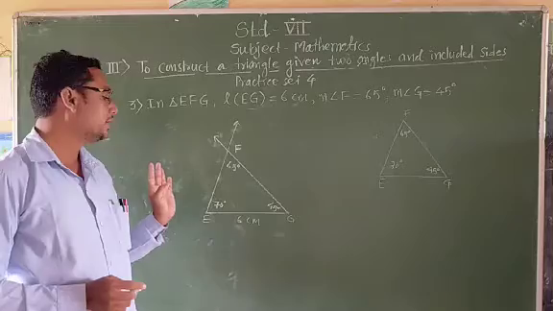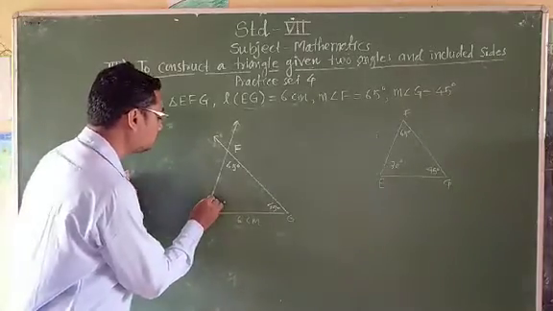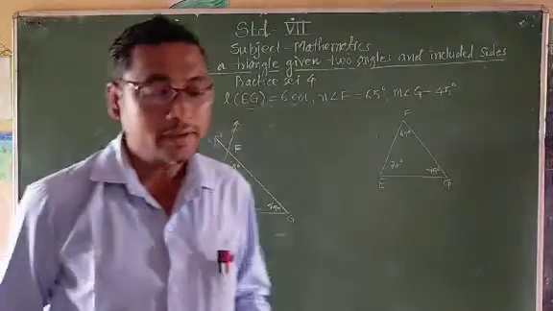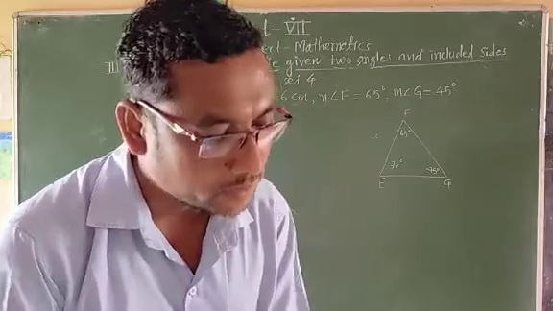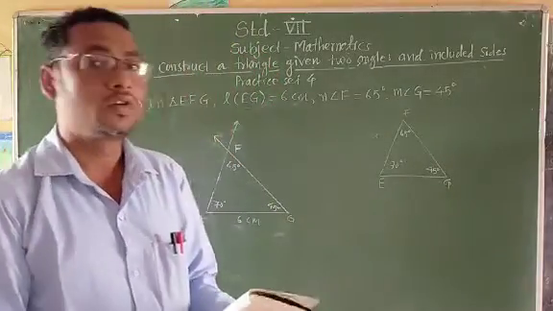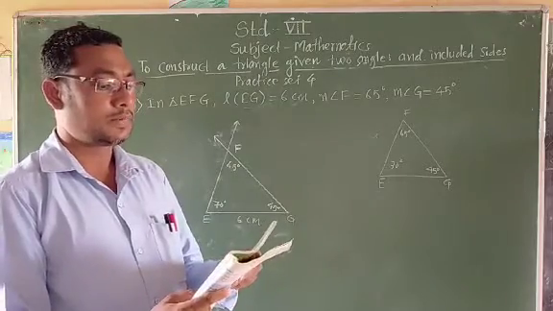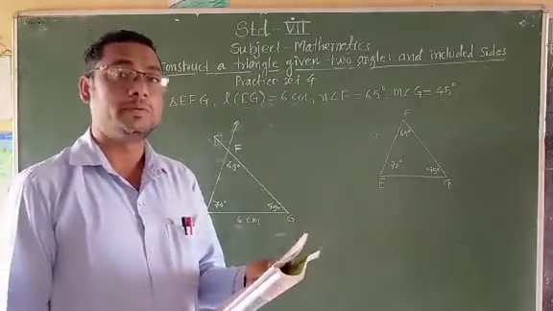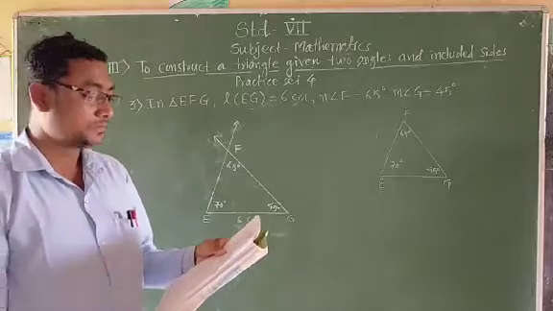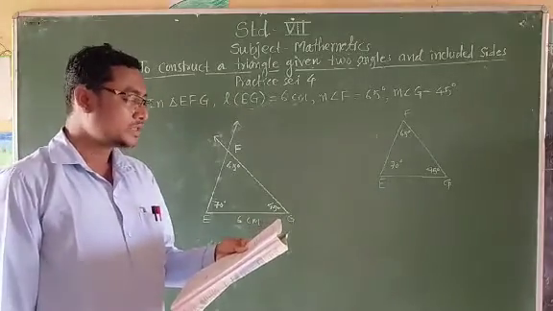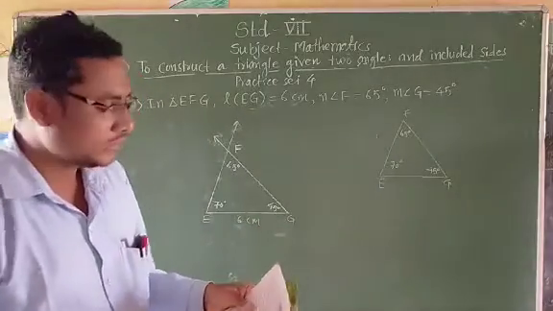We got 70 degree. Okay. So today we complete our practice set 4. Whatever remaining problems in the practice set 4, we have to complete in a notebook. Okay. Now the next construction we'll see.